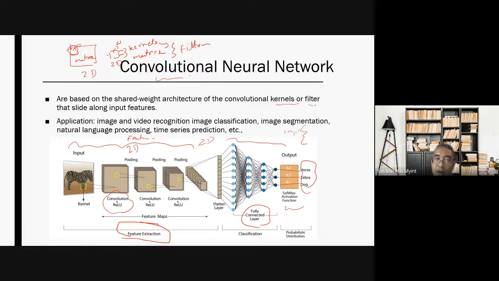After we finish the convolution, we pass to the activation function, mostly ReLU, the rectified linear unit. Then another layer is always cascaded after each convolution layer, which we call a pooling layer.